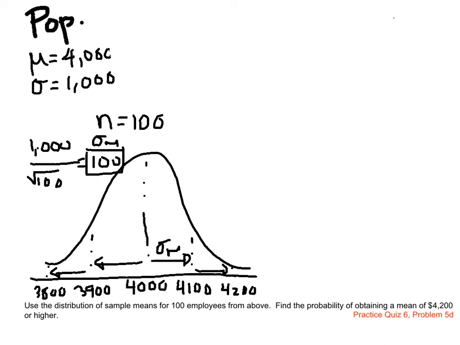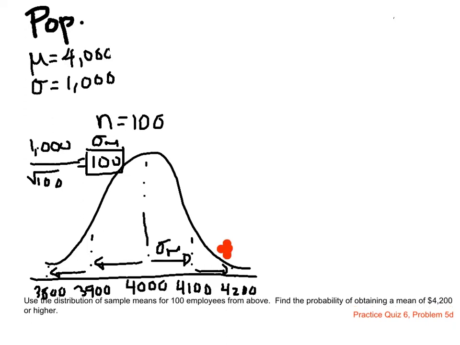Now looking at this graph, we already have 4,200 or higher, and so converting that into a z-score, that should give me a z-score of +2. Just because at that point I know that I'm going up 2 standard errors.